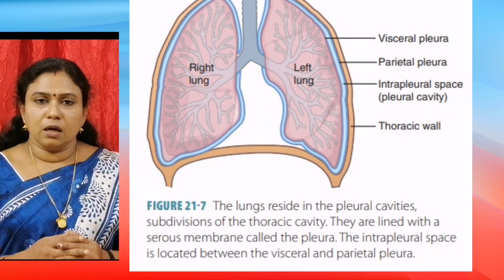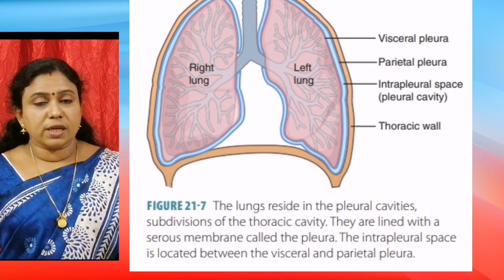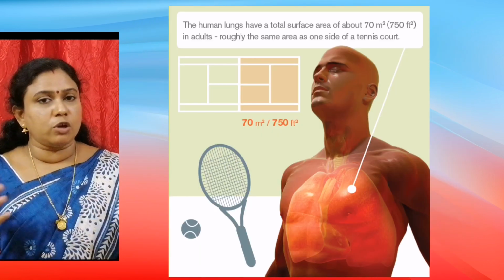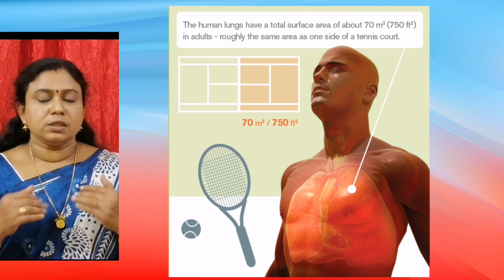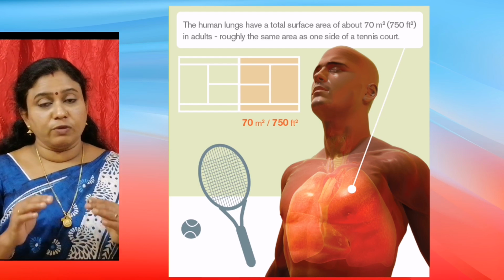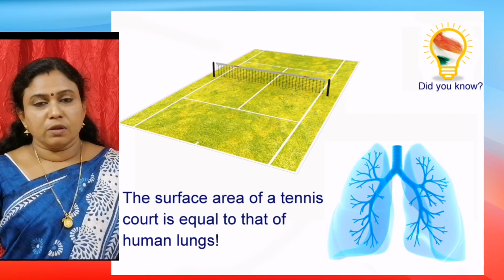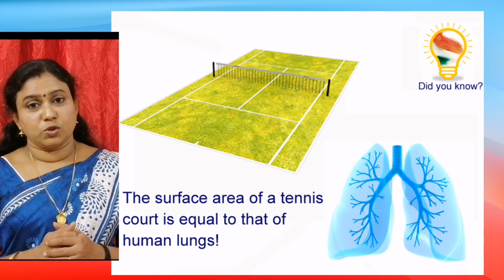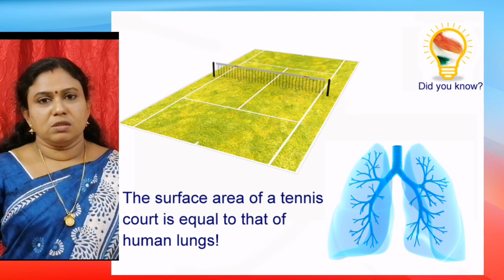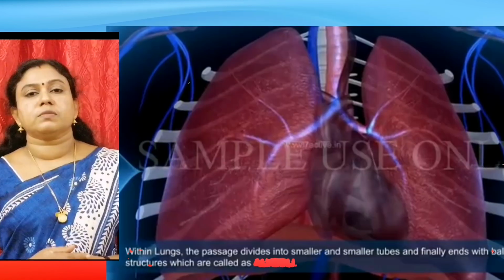As these lungs are elastic in nature, they can expand and fill the maximum amount of air during breathing. It is said that the total surface area of the lungs of a full-grown human is about the size of a badminton court. So imagine how much surface area is there in our lungs.